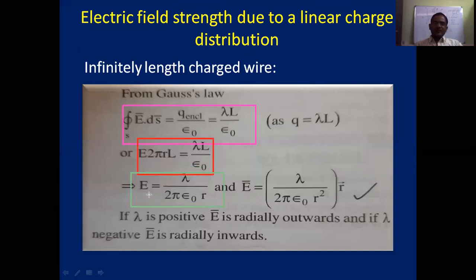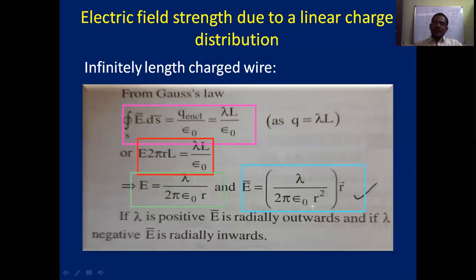If you want to express this in vector form, you can write E bar equals lambda by 2 pi epsilon naught r into r cap, where r cap is the unit vector along the r bar direction. Otherwise, you can write it like this also: E bar equals lambda by 2 pi epsilon naught r square into r bar.